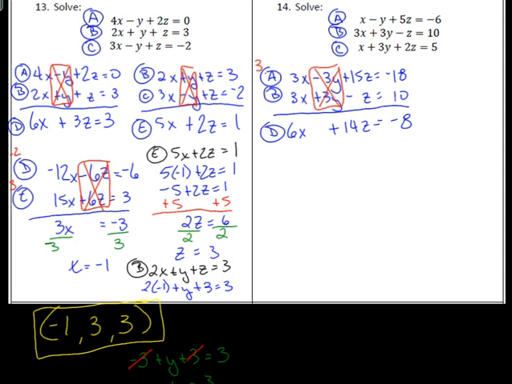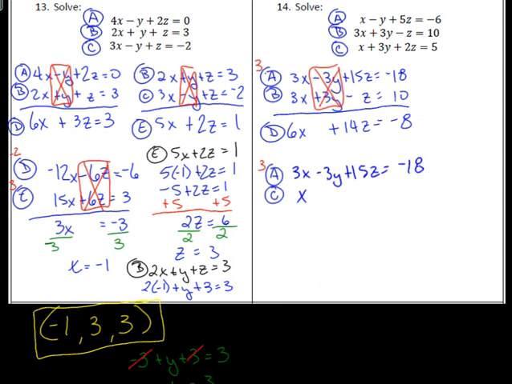I'm going to do the same thing with A and C now. Again, A needs to be multiplied by 3 in order to make my y variable be eliminated. So I have 3x minus 3y plus 15z is equal to negative 18.